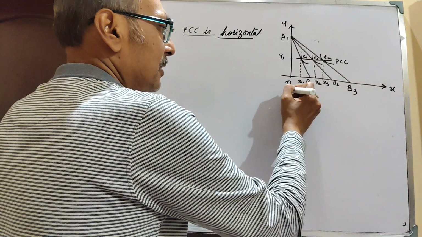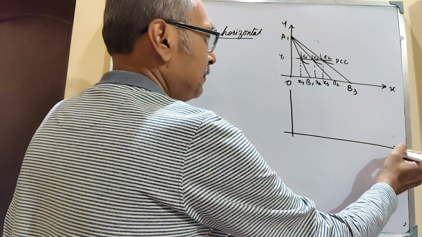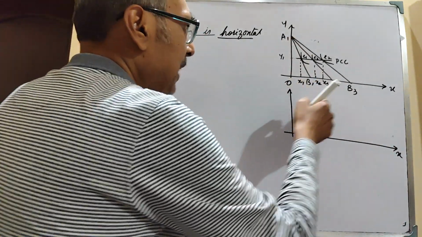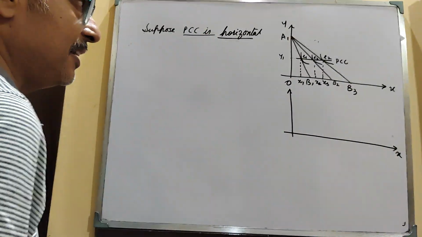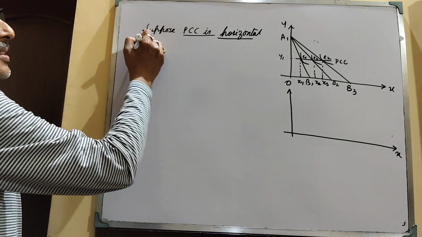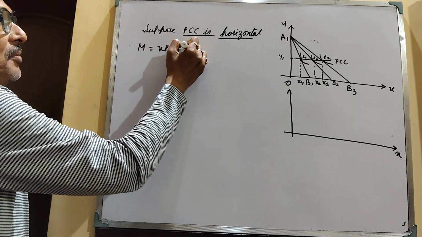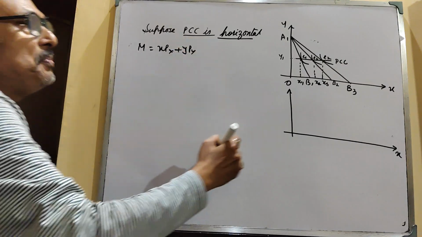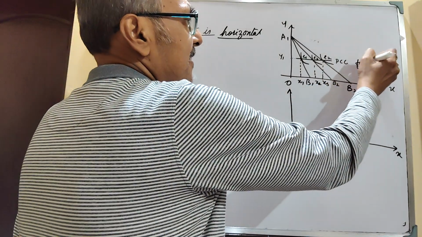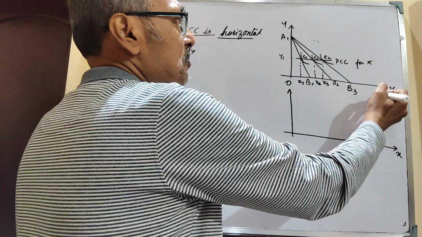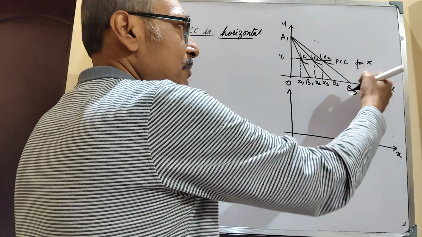What will be the demand curve? Shape of the demand curve and the own price elasticity and the cross price elasticity. Here M equals xpx plus ypy. I am drawing the PCC for x here because px changes, keeping py and M constant.